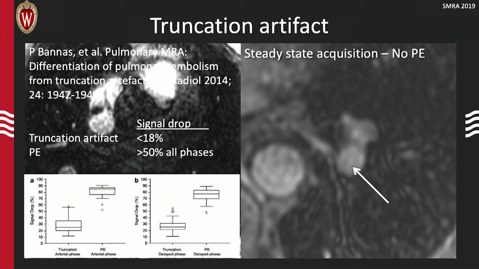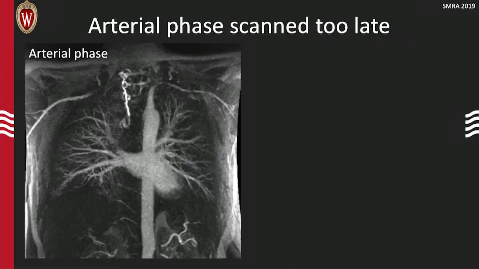And Peter Banas, when he was a visiting professor with us a couple years ago, did a nice study comparing the amount of signal drop in those truncation artifacts in comparison to true pulmonary embolism. And the signal drop in truncation artifact is much less than what you see in real pulmonary emboli.